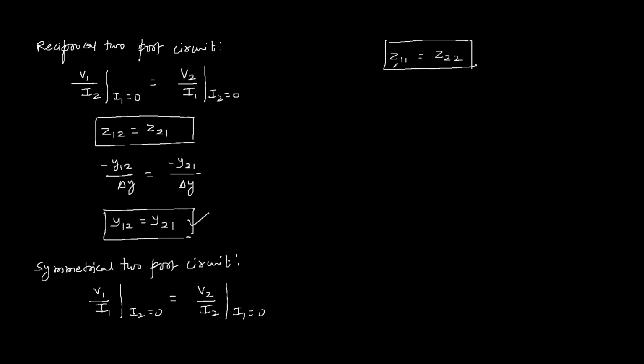Now we can write Z parameters in terms of Y parameters. So Z11 is Y22 over del Y, and Z22 is Y11 over del Y, and this will give Y22 must be equal to Y11. So this is the condition for symmetrical two-port network in terms of Y parameter.